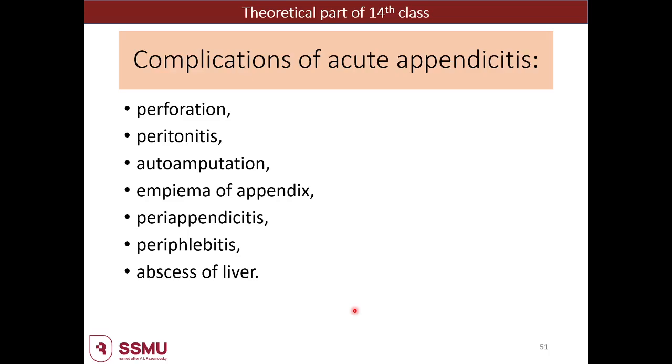Complications of acute appendicitis may be associated with perforation, peritonitis, outer amputation of the appendix, empyema of it, periappendicitis, periphlebitis, and abscesses of the liver. Perforation is associated with rupture of the appendix wall.